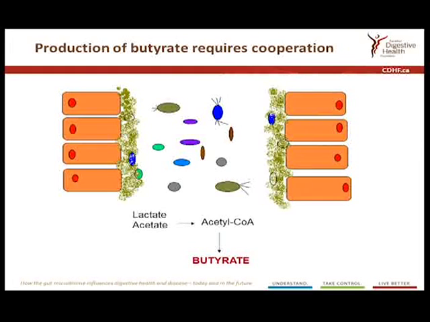And to give you an example, butyrate is a bioactive molecule that's been shown to have very good beneficial effects for us. But it requires cooperation in the gut to produce butyrate. So you need first the production of lactate and acetate, which is then used by certain microbes to produce butyrate.